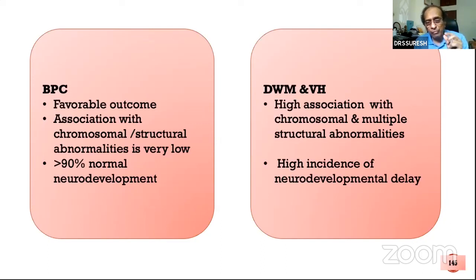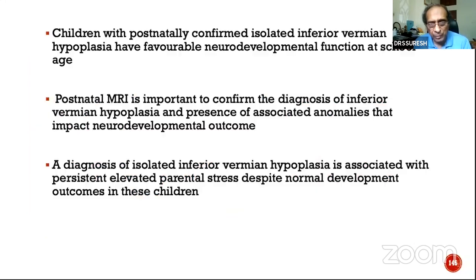But when you talk of inferior vermian hypoplasia, more than 75% of them have a fairly good outcome. But when you talk of cerebellar vermian hypoplasia as such, the prognosis can be very, very varied. It could be part of a Mendelian syndrome.